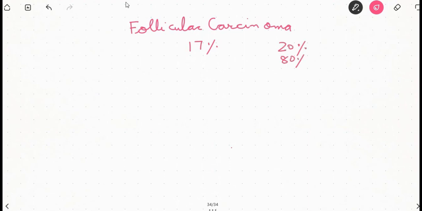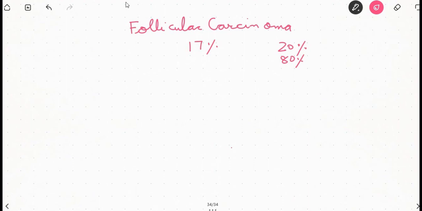Next comes the follicular carcinoma. So remember, the follicular carcinoma constitutes 17% of the cases. Out of these, 20% are malignant and 80% are benign. The follicular carcinoma usually arises in multinodular goiter in case of endemic goiter.